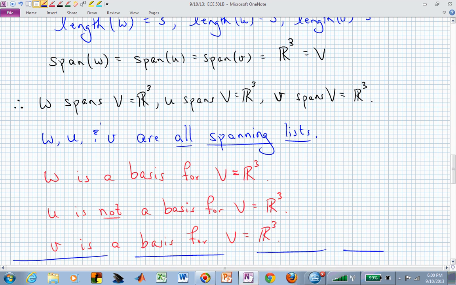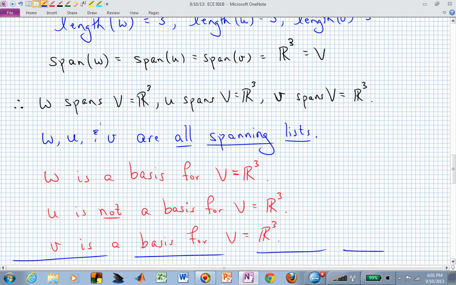If you go back and look at those three different sets of lists, it should be clear that W is a basis. There's 3 linearly independent vectors in that list. They span all of R3, and consequently they form a basis.